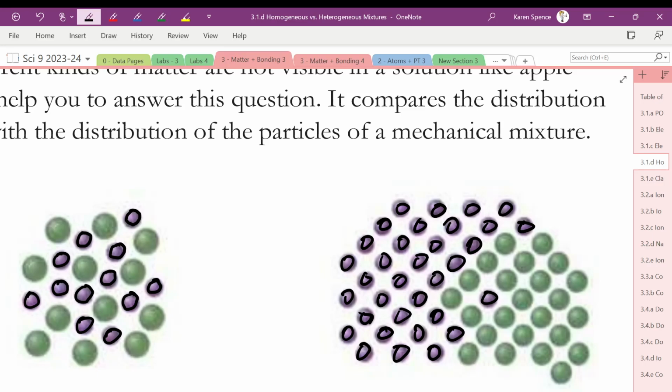Okay, this one over on the left. Homogeneous or heterogeneous? Homogeneous, yes. And the one on the right is heterogeneous.